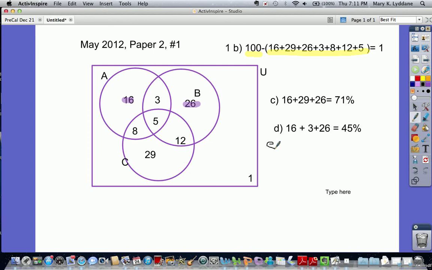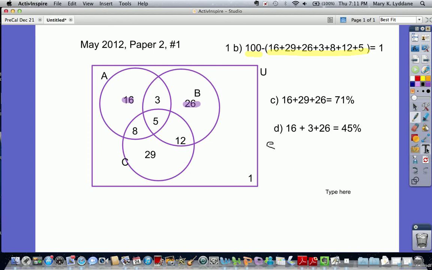All right, so in part E, we're going to try to figure out if it's true that 83% of the population reads either the Beartown News or the Courier. So that means I'm going to add up all of these values except for the 16 and except for the 1.